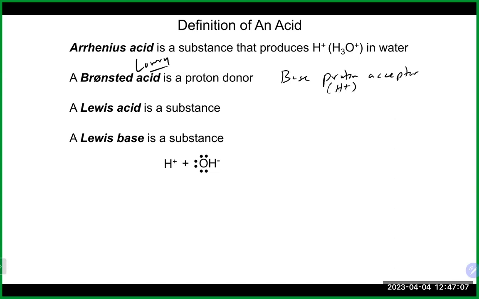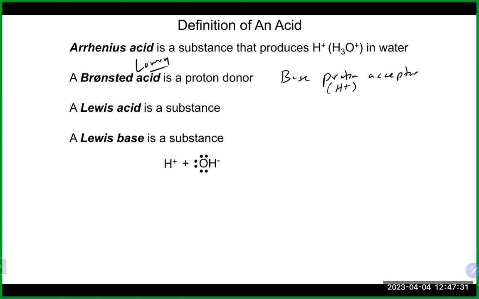But our good friend Lewis didn't want to be left out. When we think about Lewis, we think about everybody's favorite thing, which is Lewis structures. When you draw Lewis structures, they involve what things? What are the dots on Lewis structures? Electrons. So Lewis's definition of acid and bases obviously involves electrons.